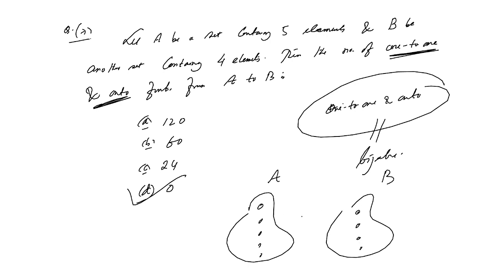So the number of bijective functions: if we think about the number of bijective functions from a finite set to another finite set, the cardinality must be the same. Here the cardinal number of A is 5 and the cardinal number of B is 4. This is not exactly matched. So we can't find any kind of bijective function, that means one-to-one function and onto function. So the option will be 0 and it will be the right option.